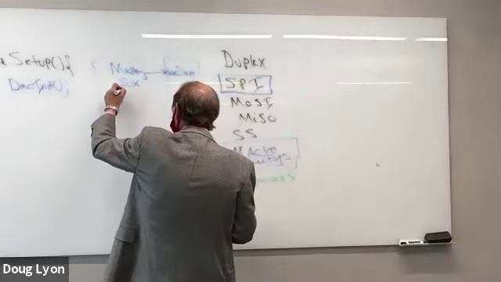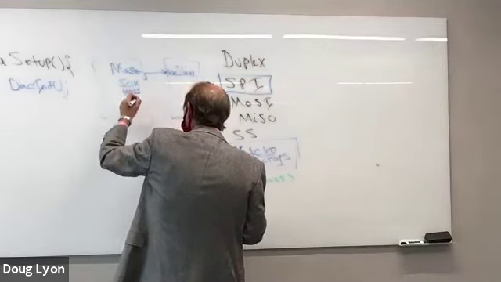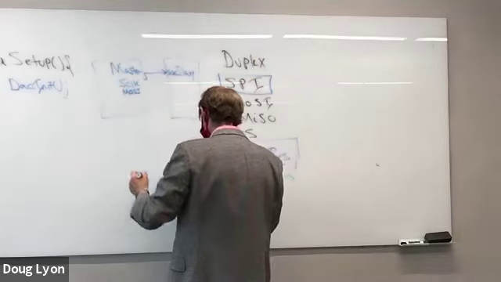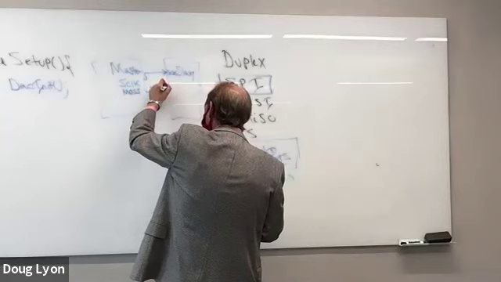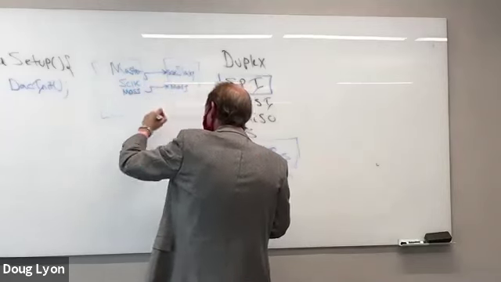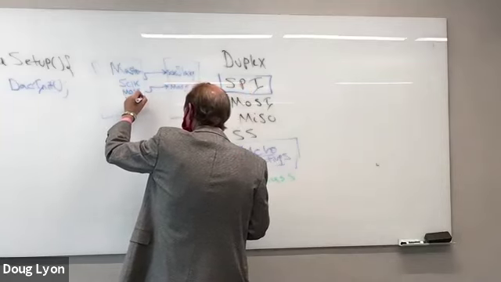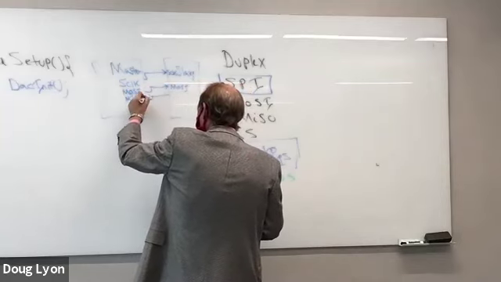Then you have a master output, slave input, which we call MOSI. And then we have a master input, slave output, which we call MISO.